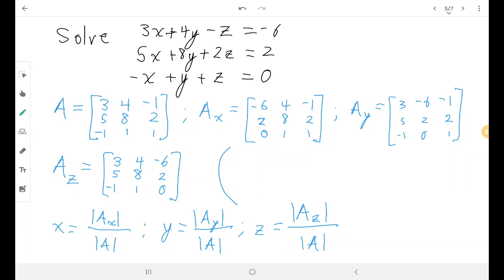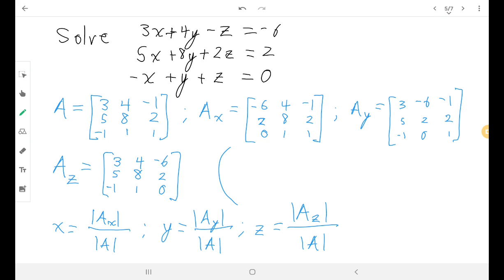So I'm in MetaCalculator again to do that. We've got 3, 4, -1, 5, 8, 2, -1, 1, 1. And then my first matrix B will be the A sub x matrix, so -6, 4, -1, 2, 8, 2, 0, 1, 1.